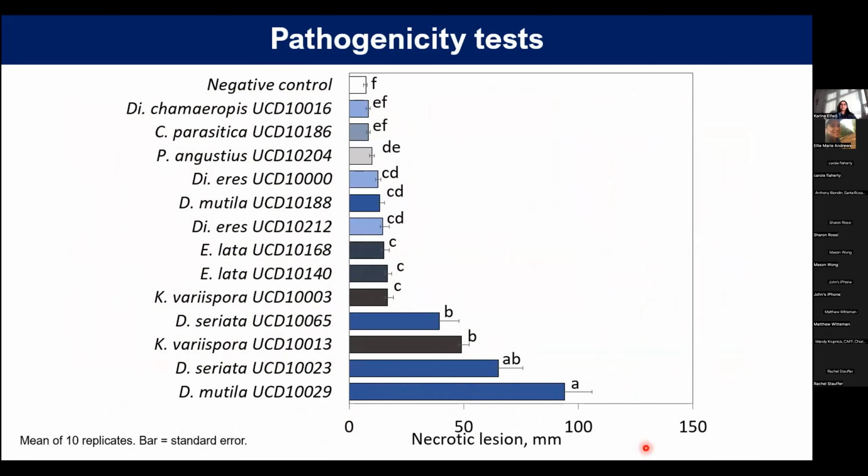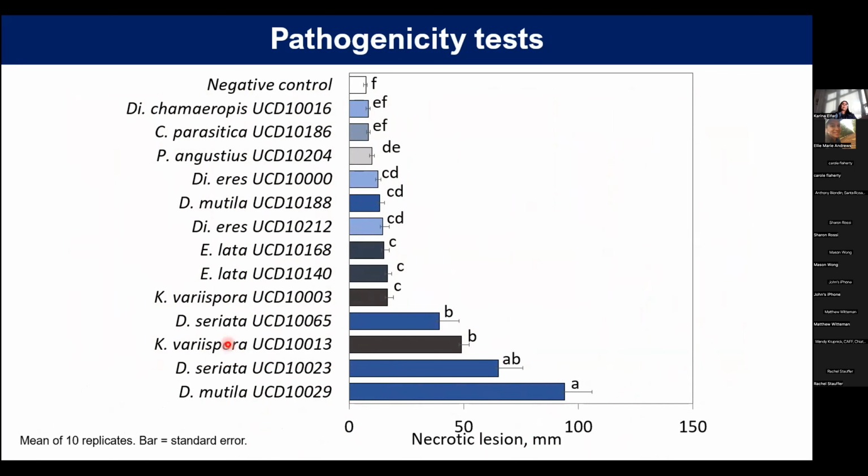And here's the necrotic lesion, and here you can see all the different pathogens that we used to inoculate the tree. So here we have that Diplodia mutila was the isolate that was the most aggressive, and that was followed by seriata, variospora, and here's another Diplodia seriata.